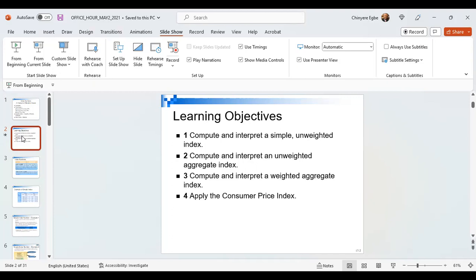So there are simple unweighted indexes and also something called aggregate indexes. And then we would also compute weighted aggregate index, which is another thing. And we would also illustrate the consumer price index and its implications.